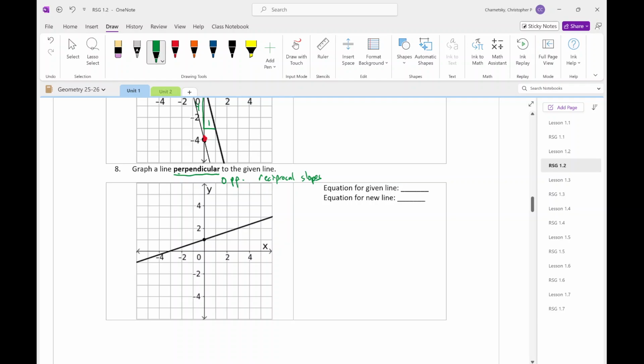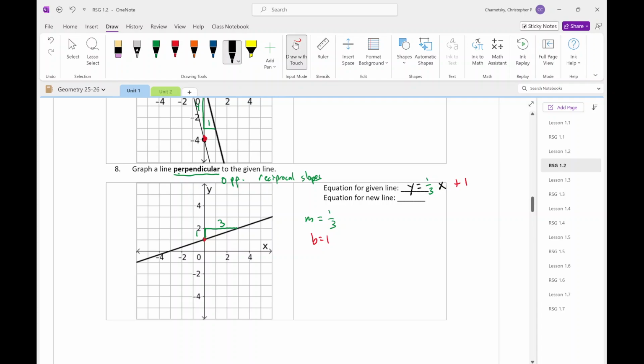So my original line, there's my y-intercept at 1, and my slope goes up 1 over 3. So my equation of my original line is going to be y equals 1/3 x plus 1.